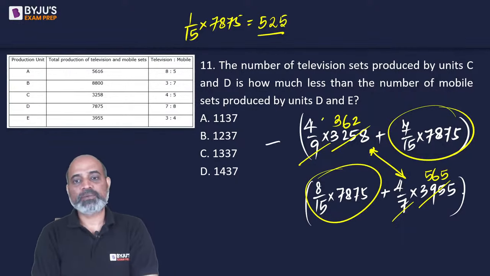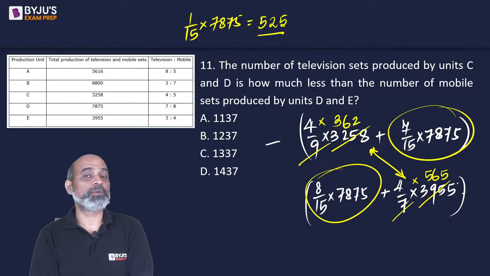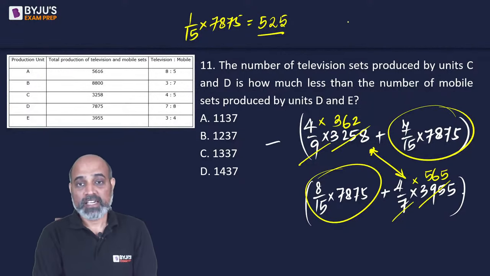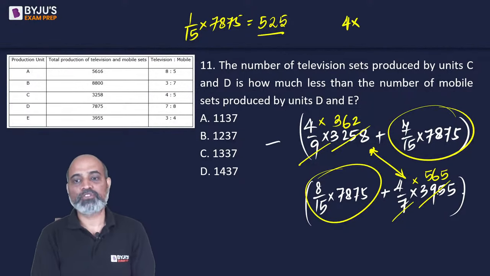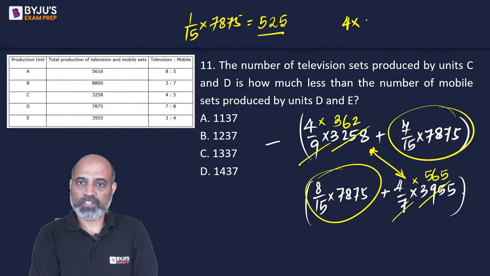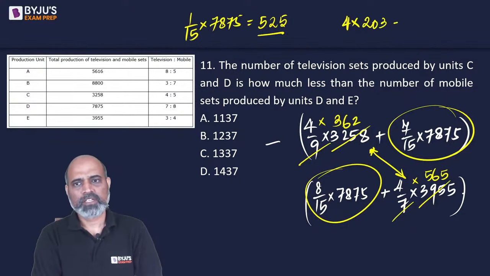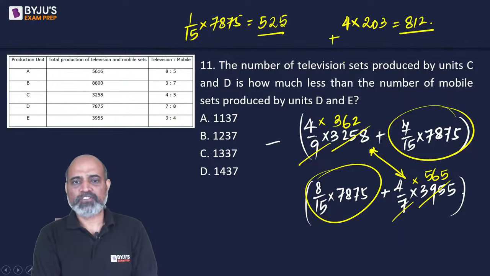So the difference of 4 times 362 and 4 times 565 is going to be 4 times 565 minus 362. So this is going to give us 203, which is 812. So 525 plus 812 is 1337.